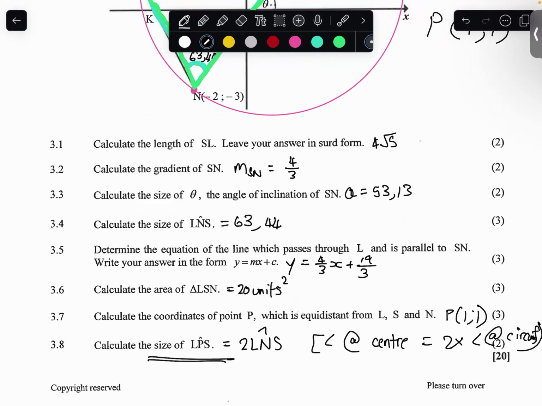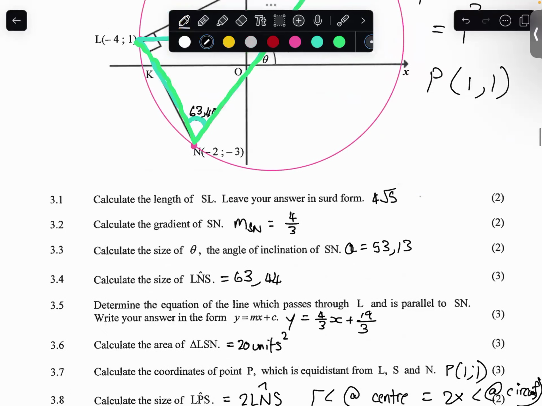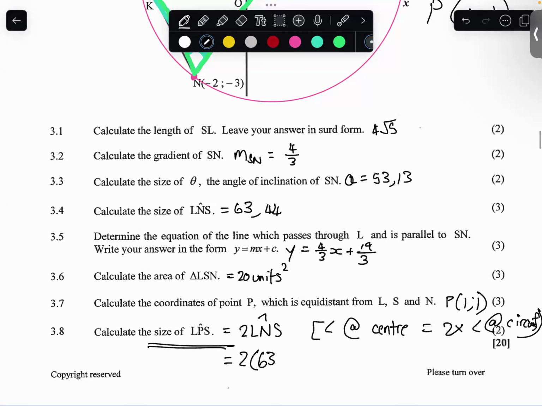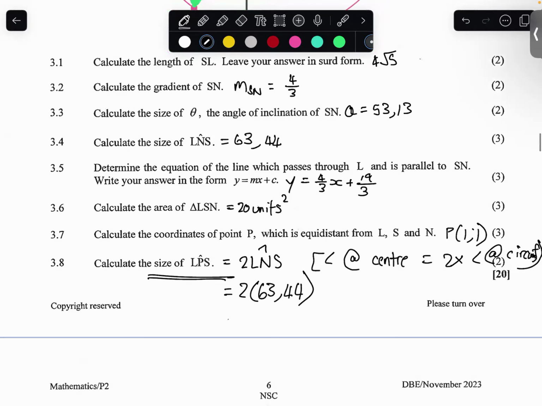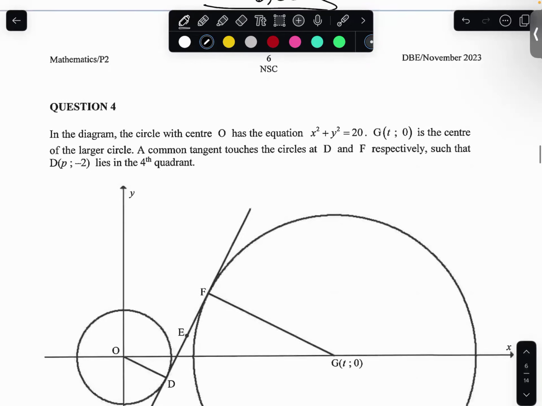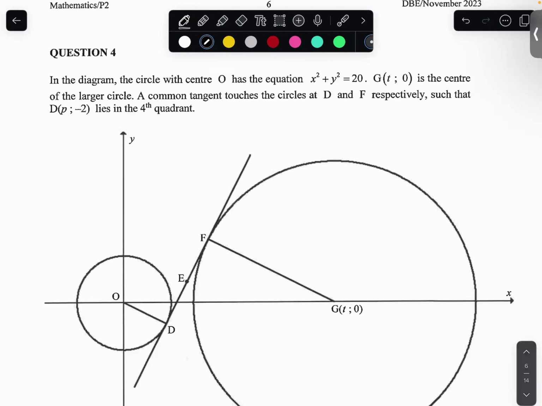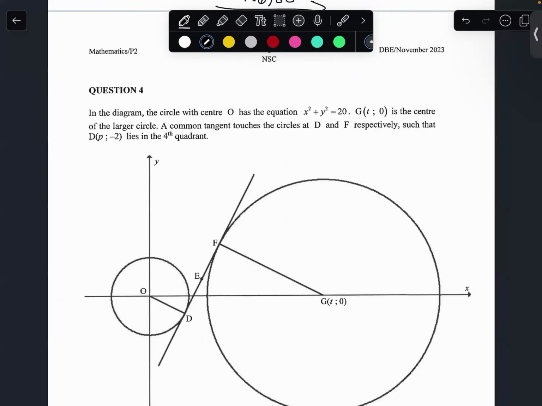Right, so that gives you 2 into 63,44. And then we're going to punch that in. Give me a second. It gives you 126,88. All right, and that was question 3. That was actually a nice question. I hope you understood it. If not, press rewind and go over it again.